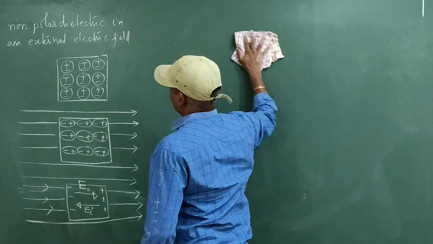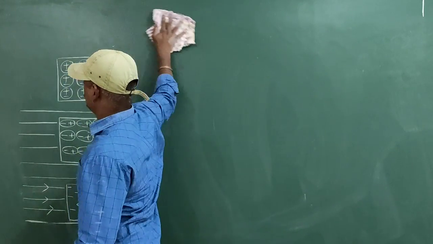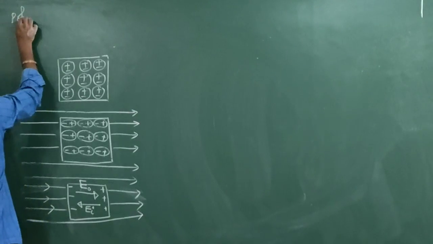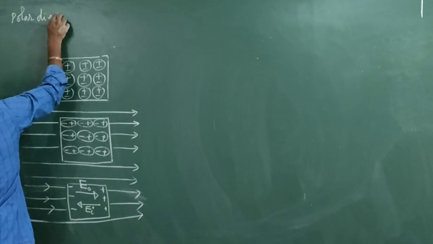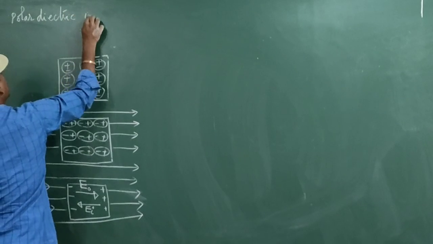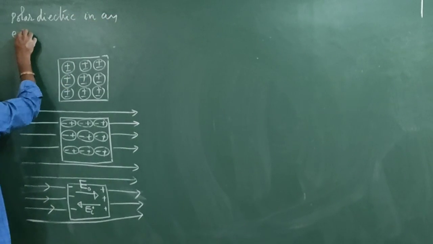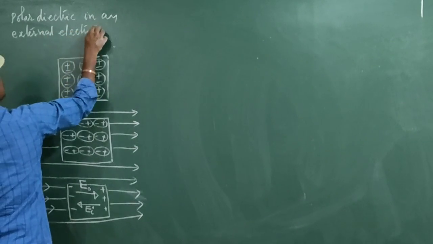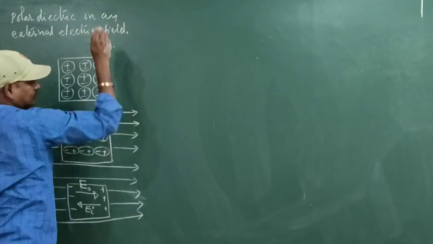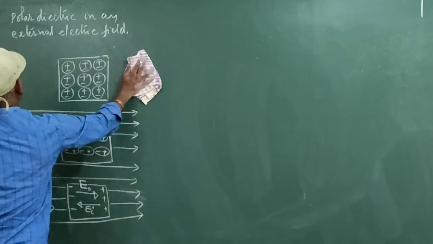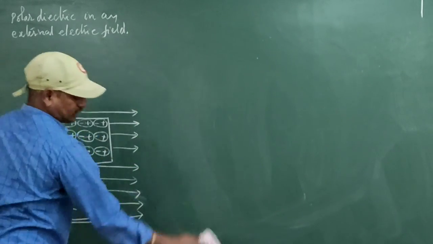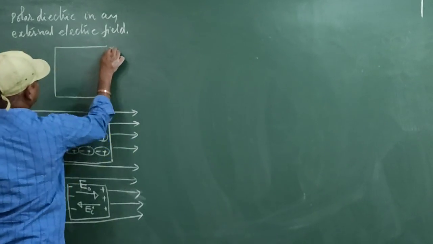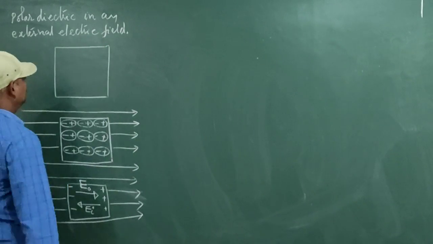Now, let me talk about a polar dielectric in an external electric field. Polar means there is a dipole moment. Now see what happens here.